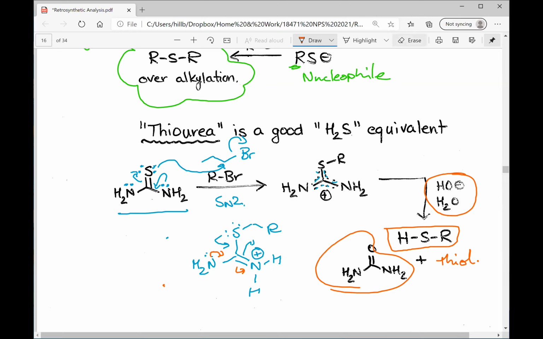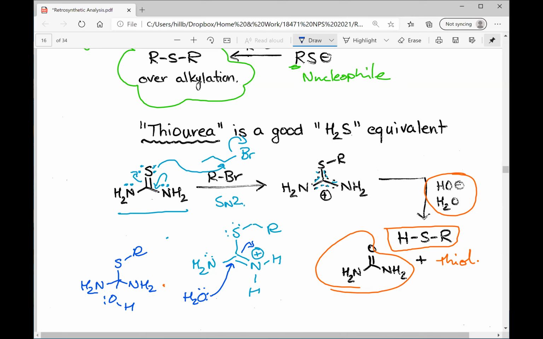If you're interested in that, just think of water attacking here, these electrons moving up to have a carbon which is bonded to, this would be hydroxide actually.